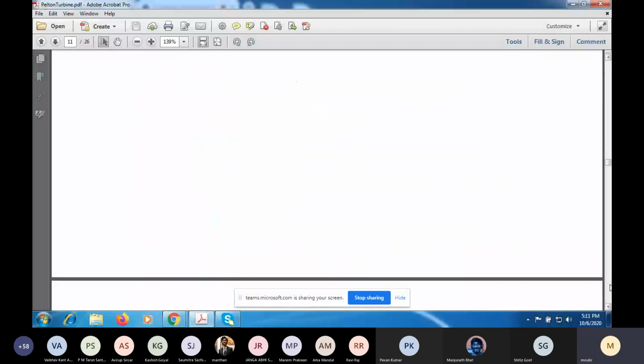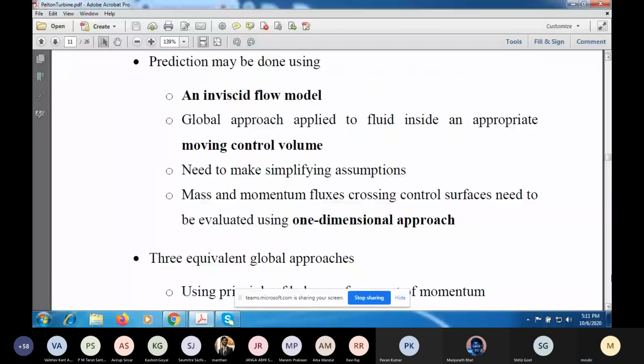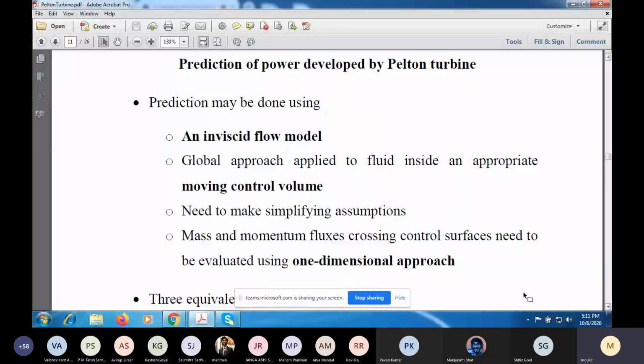Okay, now let us see how to analyze it. So we'll use a global approach. Okay. Now, if you look at any undergraduate book on fluid mechanics, right in the beginning you will have a chapter where you solve problems using a control volume approach.